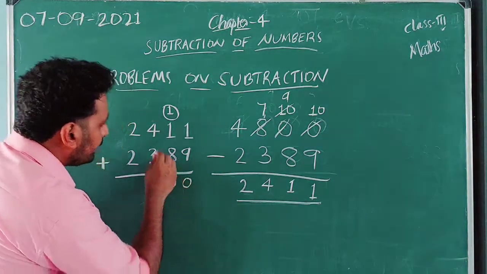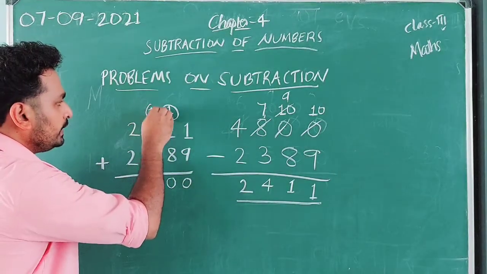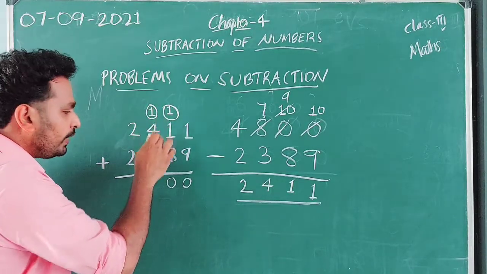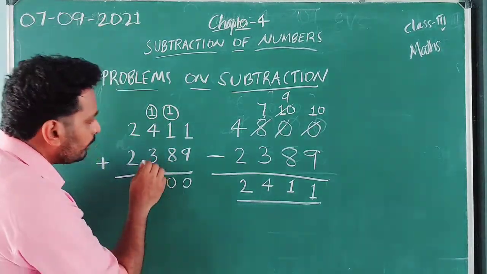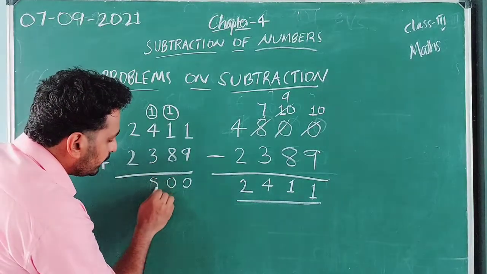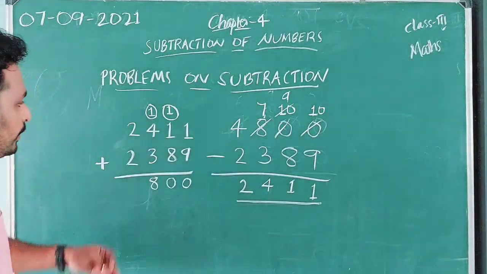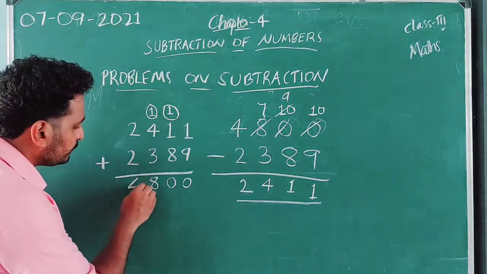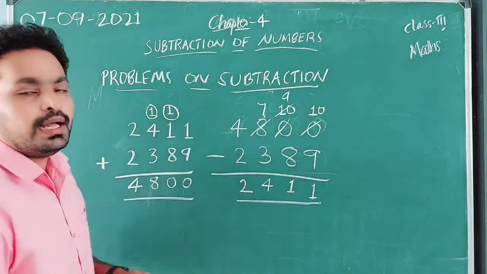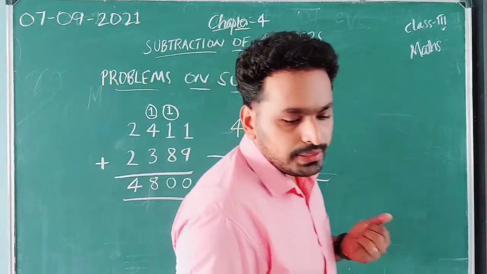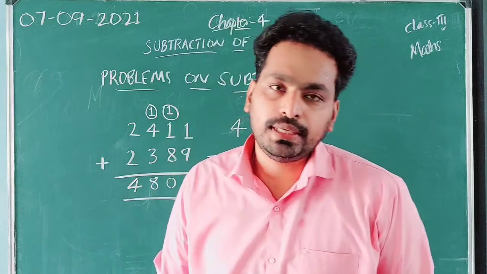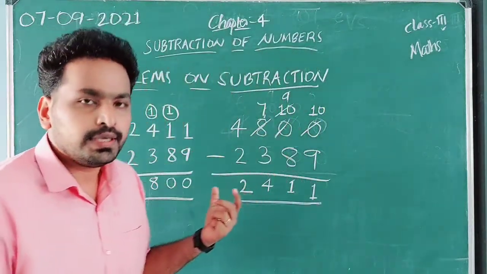Again 1 is carried forward to the next column. That is hundreds column. 4 plus 1, 5. 5 plus 3 is, what is 5 plus 3? That is 8. Okay, next. Thousands column, 2 plus 2, that is 4. So, what is the question here? What should be added to 2389 to get 4800? So, do you get it?